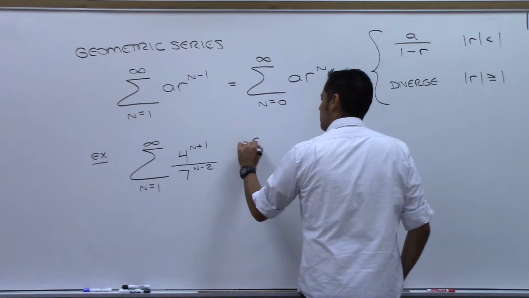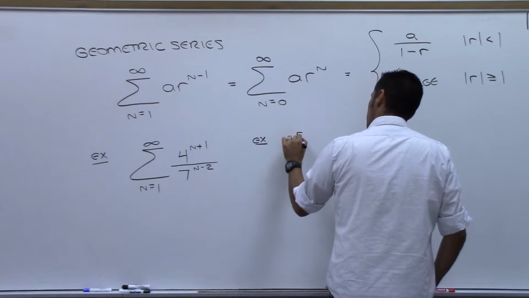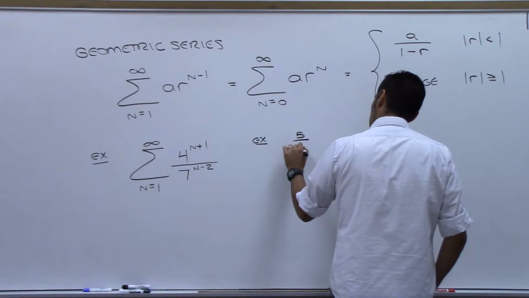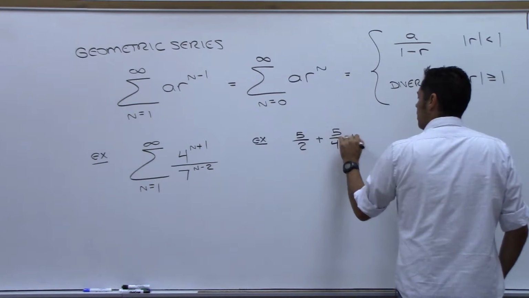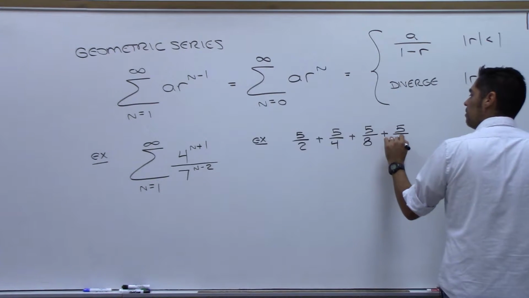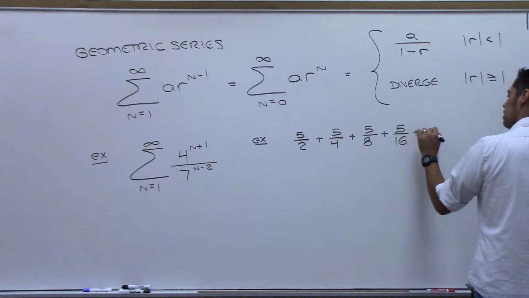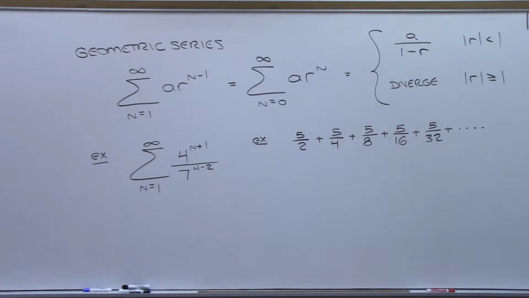Or I could give you something like this: 5 halves plus 5 fourths plus 5 eighths plus 5 16ths plus 5 32nds plus dot, dot, dot. Which means you would have to actually see the pattern, come up with the formula, and rewrite this in sigma notation, and then continue.